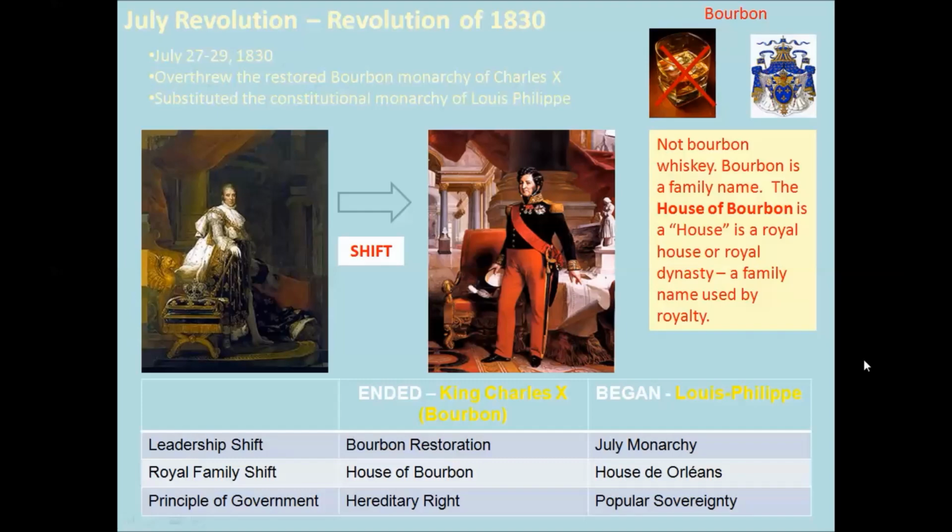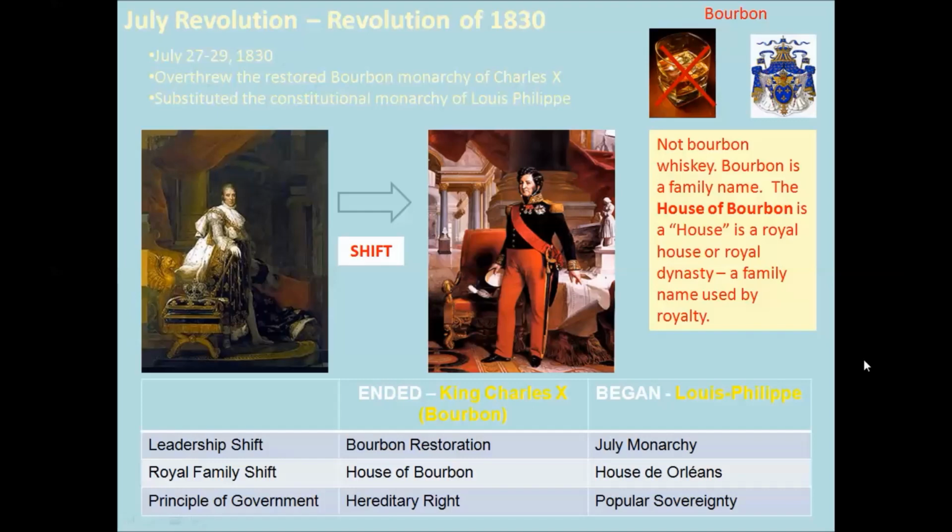They're the same thing. This revolution occurred July 27th to 29th in 1830, and it overthrew the Bourbon monarchy of Charles X. Now, the Bourbon monarchy of Charles X was set up by the Congress of Vienna after Napoleon lost power, and Charles X is the grandson of Louis XV, just to give you an idea, but he is also the brother of Louis XVIII, who was put in charge of France after Napoleon lost power.